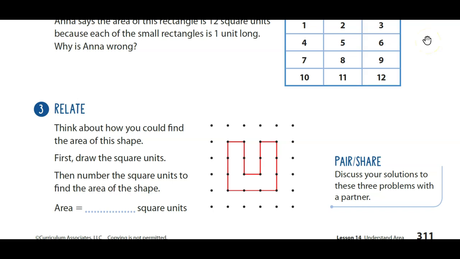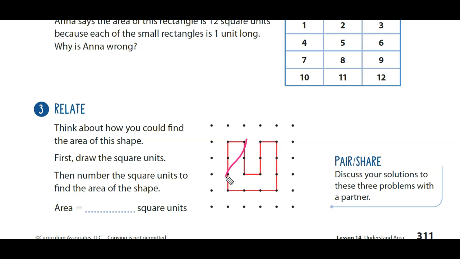Let's think about how you could find the area for this shape. What do you think I would have to do here? It says first draw the square units. How can I draw the square units? Connect the dots. Like this?